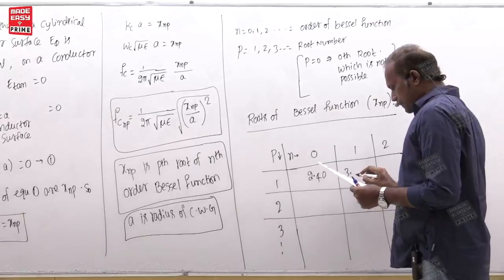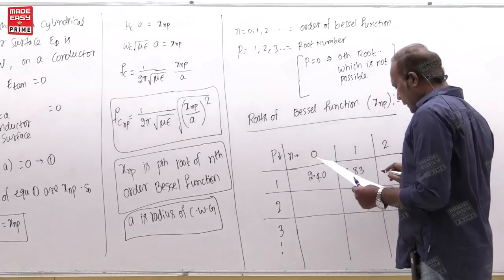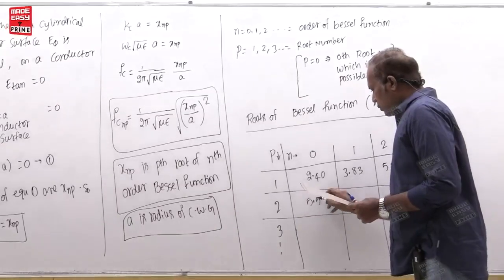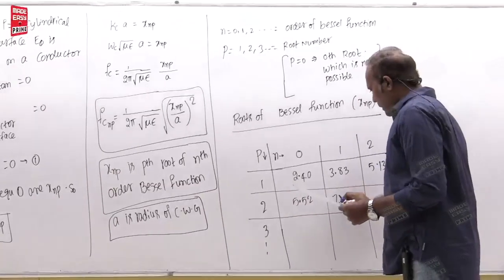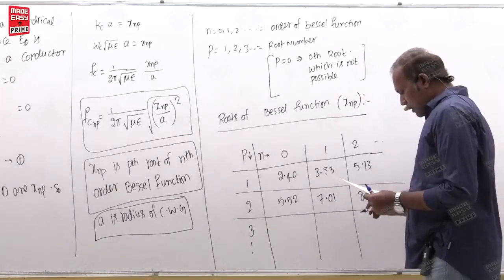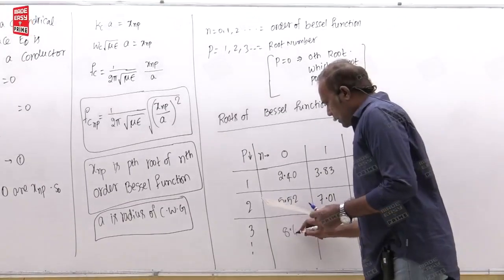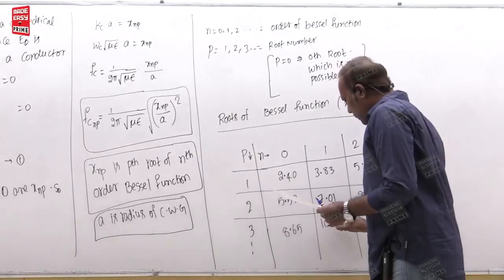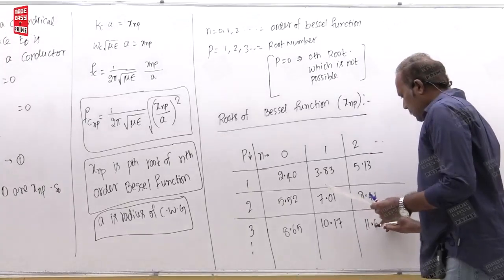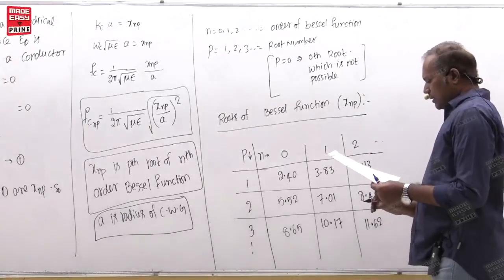So 3.83, 5.13 and 5.52, students, then 7.01 and 8.41 and 8.65, 10.17 and 11.62, like that.